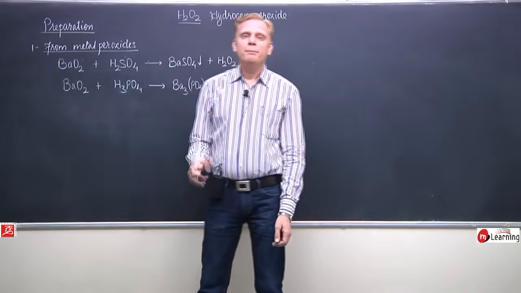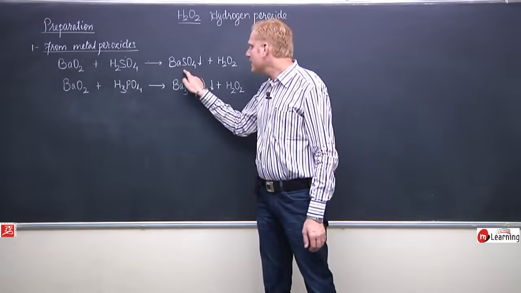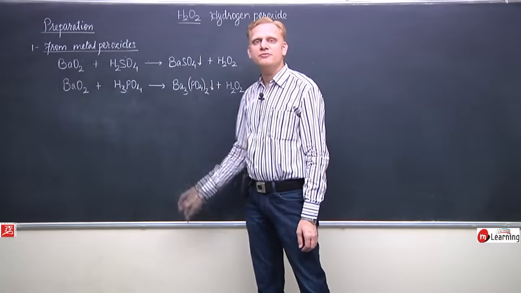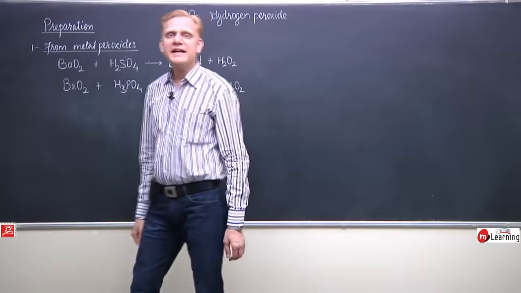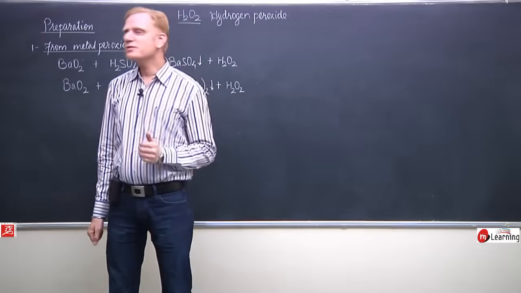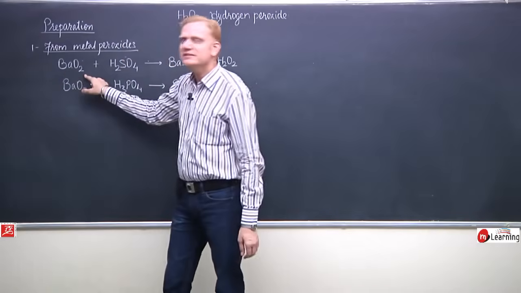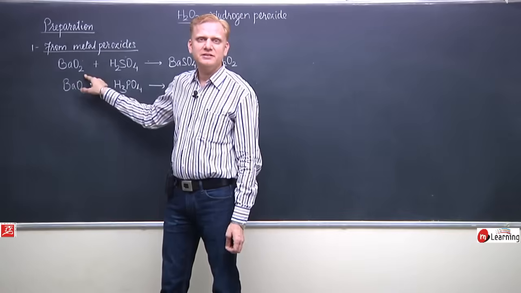There is one more conceptual question, that whenever this reaction is used, we prefer only barium peroxide. Why? Because the corresponding salt formed, either in the form of sulfate or in the form of phosphate, can be easily separated by filtration. Suppose we consider that the metal peroxide is sodium peroxide.